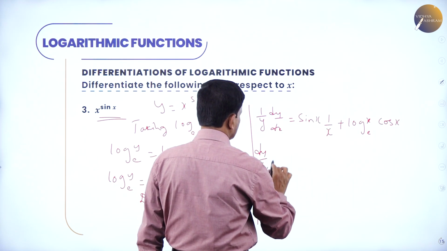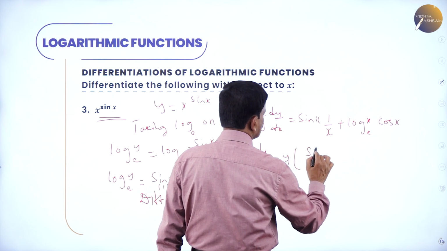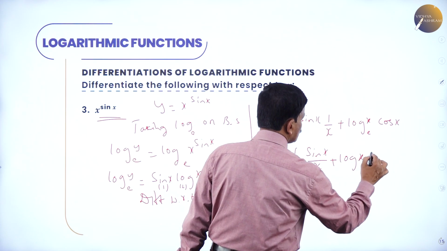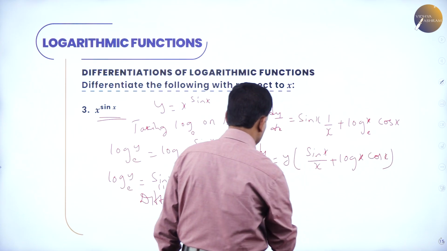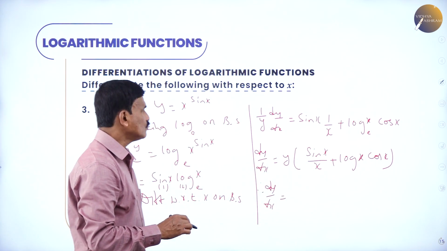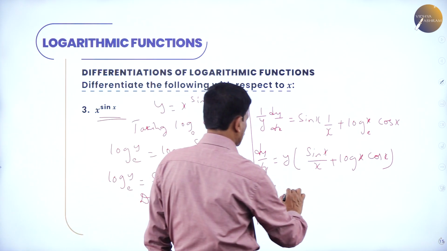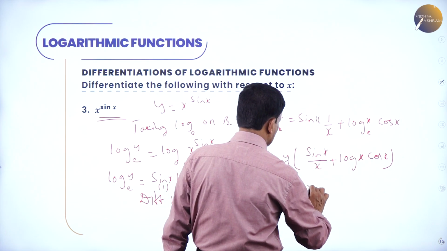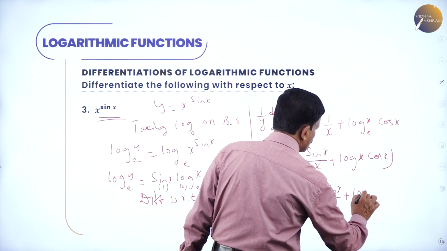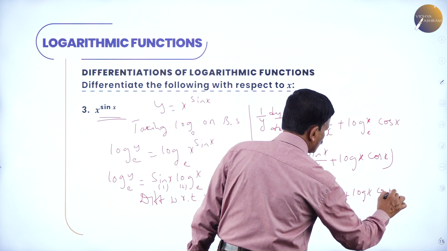Now dy by dx is equal to y into sin x divided by x plus log x into cos x. Therefore dy by dx is equal to, substitute the value of y. y is equal to x power sin x. x power sin x into sin x divided by x plus log x into cos x.